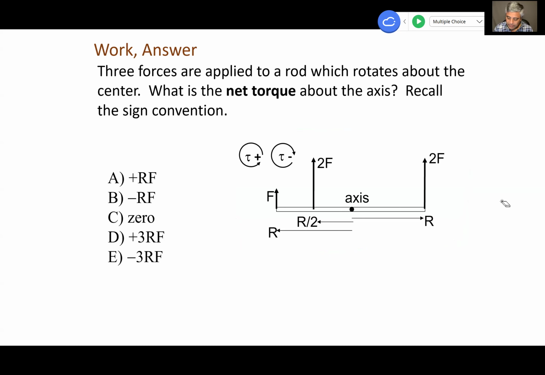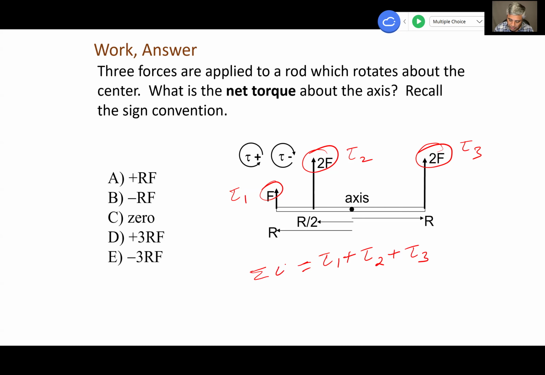So go ahead, find the torque due to F, this 2F, this 2F, and add them together. So torque 1, let's say, torque 2, torque 3. You need to add them. Remember, they have positive and negative signs depending on their direction, and we learned how to find the direction of torque last class.